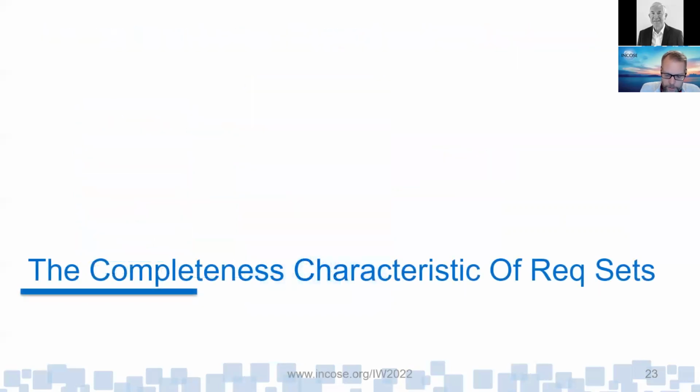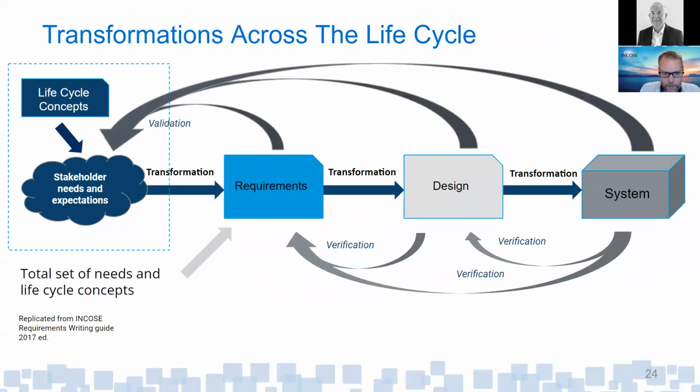So just quickly on the completeness characteristic here. Most of the assessments, I would say all of the assessments that we talked about up till now, basically started from the requirement, and we looked out to see what's actually connected to the requirement.